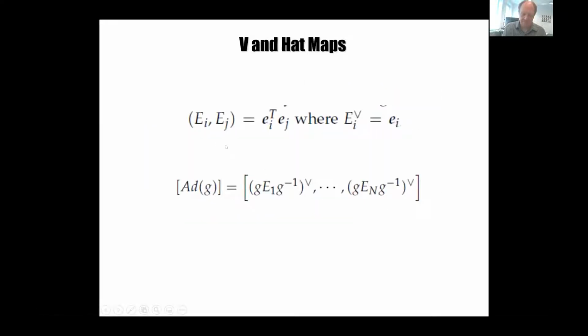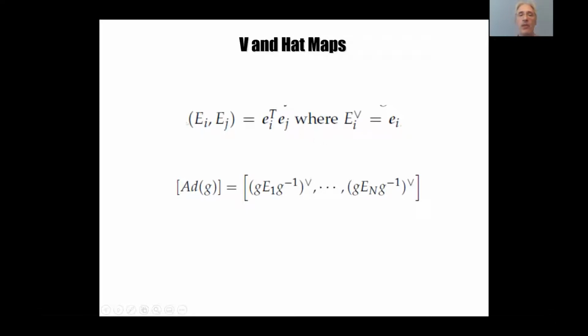Another little bit of notation, again, because I am an engineer, I like to associate the Lie algebra with R^n. So in other words, once you establish a basis for the Lie algebra and an inner product, I key that to the natural basis for R^n. So you choose your basis elements, capital E_i, and there's a mapping, the vee operator, which converts these Lie algebra basis elements into natural basis elements in R^n, okay?